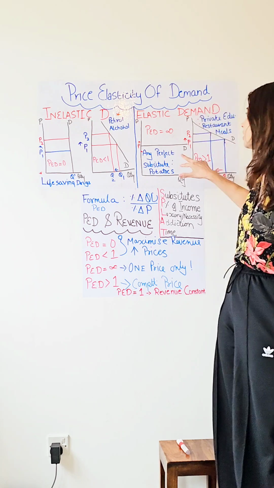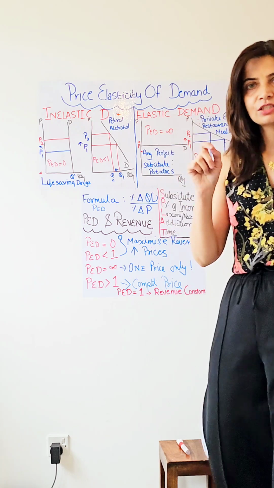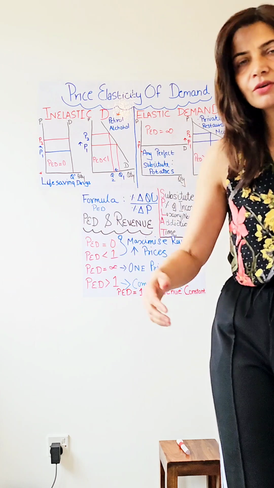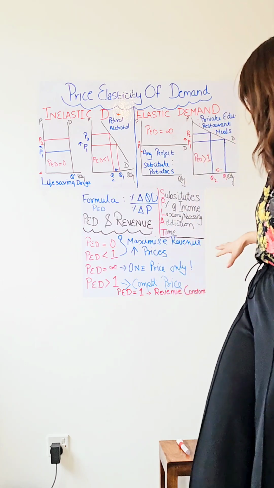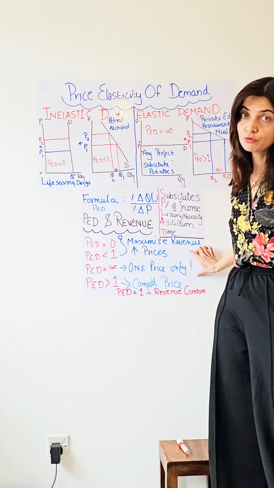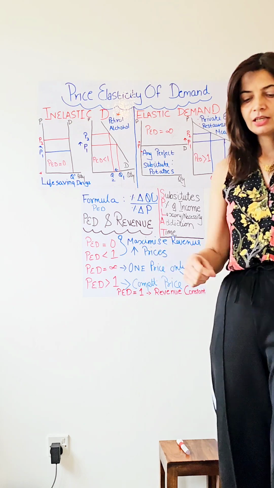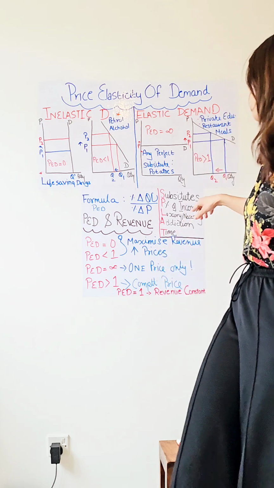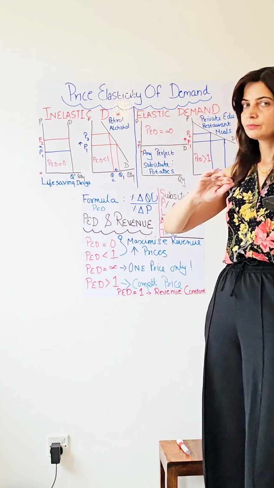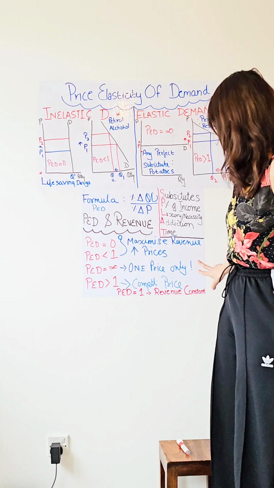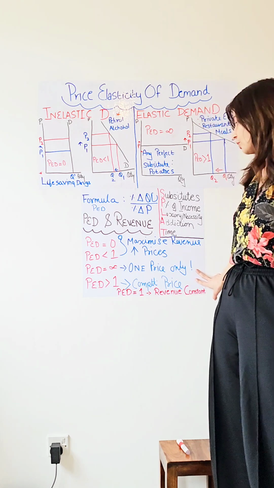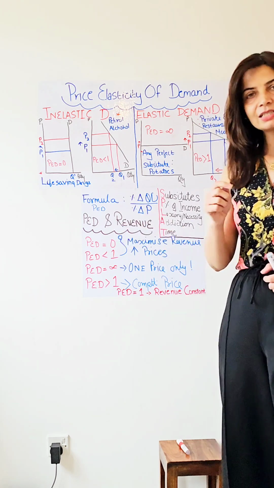When we are talking about perfectly elastic demand, a perfectly competitive market, same products being sold by all the sellers in the market, only one price prevails in the market. Meaning, if any producer increases the price from P star to P1, zero demand for that producer's product. Then we are also talking about a more realistic concept, PED greater than 1.